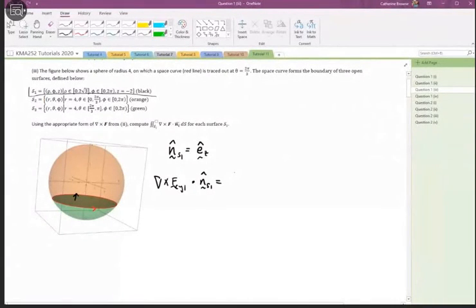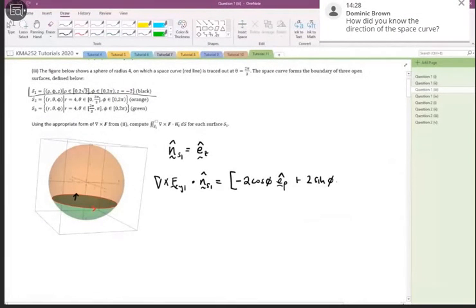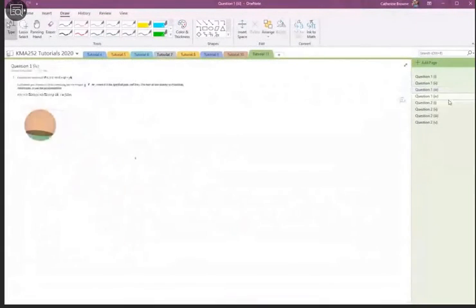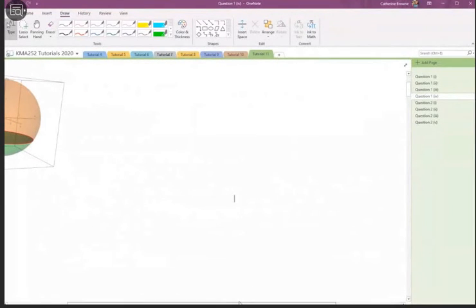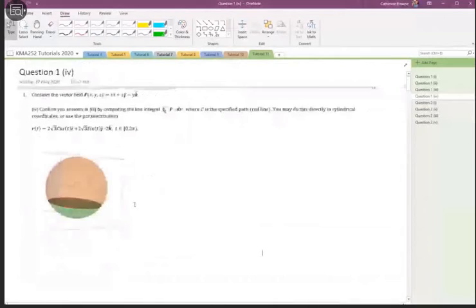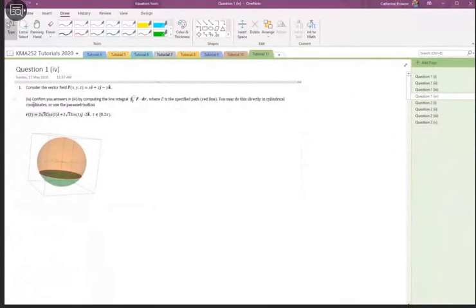And so if we recall, that was minus 2 cos phi e rho plus 2 sine phi [e phi]. The direction of the space curve matters because in part 4 you're given the parameterization for it, and if you trace it out as t increases, we go around that way.